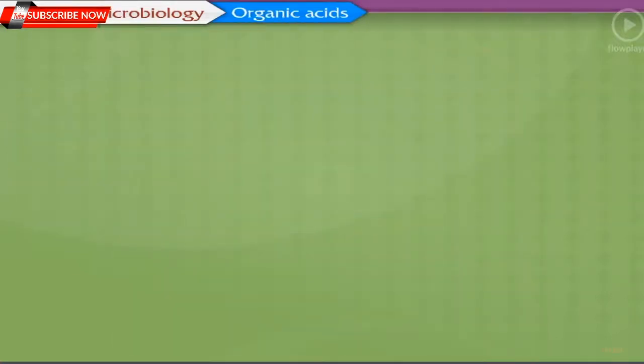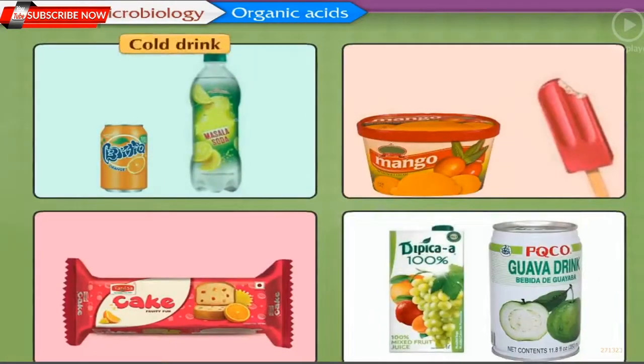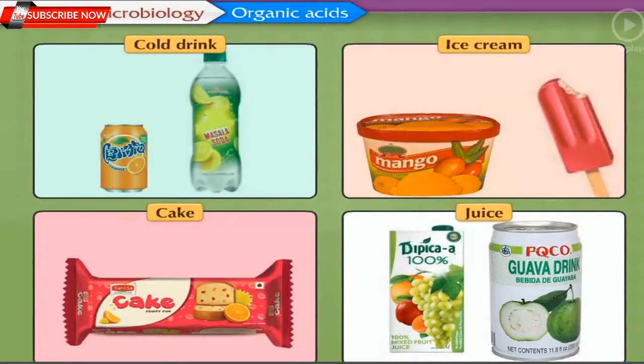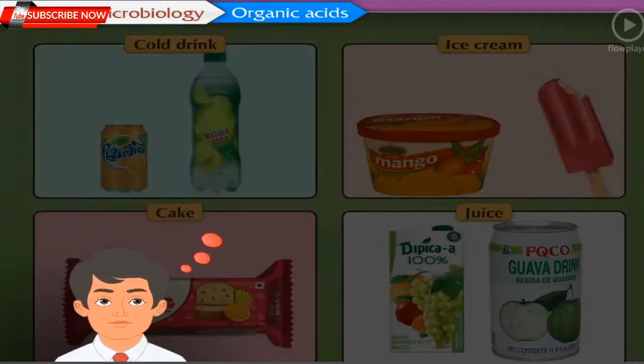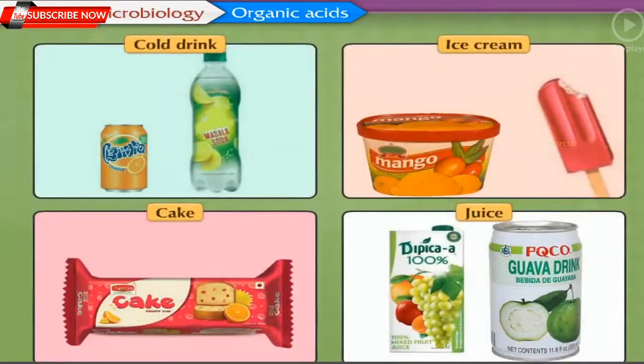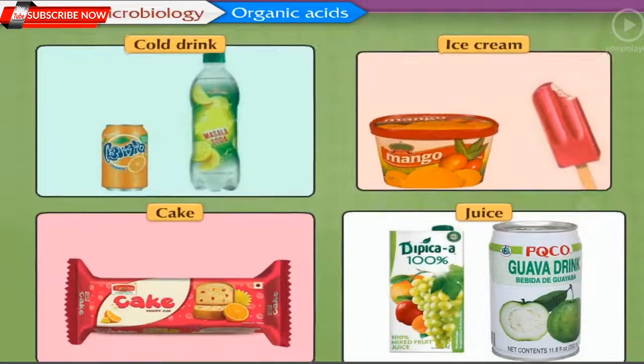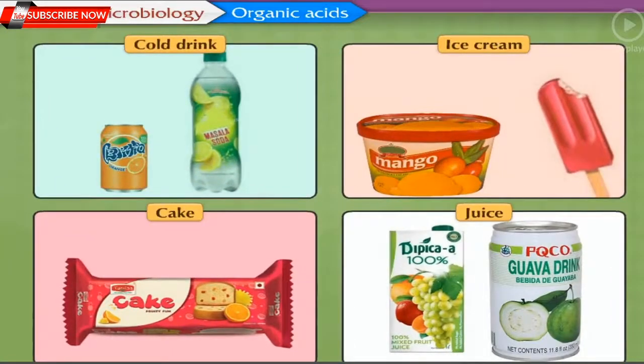Organic acids. Food materials like cold drinks, ice creams, cakes, juices are available in various colors and flavors. Are these colors and flavors really derived from fruits? No. These colors and flavors are not always derived from fruits.